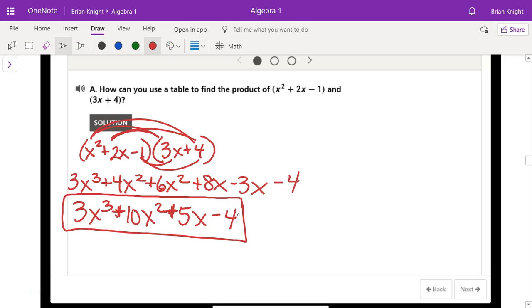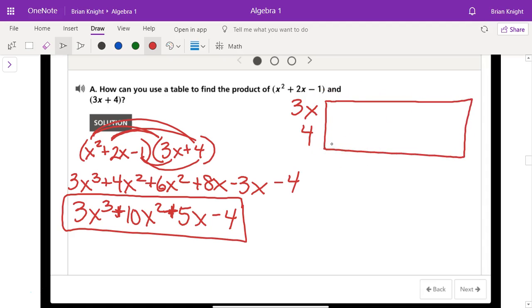Okay? If you wanted to do the table way, I'm just going to say 3x and 4, and we would have x squared and 2x and negative 1.